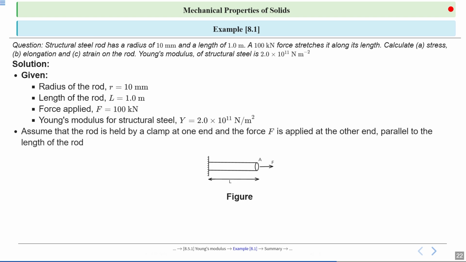Let's assume that the rod is held by a clamp at one end and the force F is applied at the other end parallel to the length of the rod. This is a classic example of tensile stress. Look at the figure, which shows the direction of the applied force and how the rod is fixed in place.